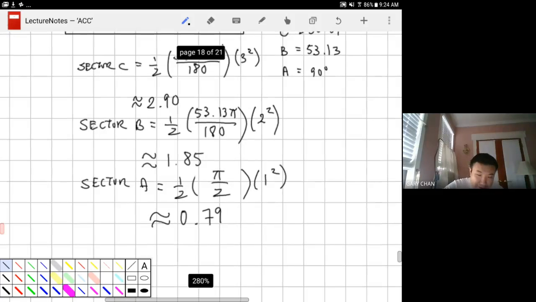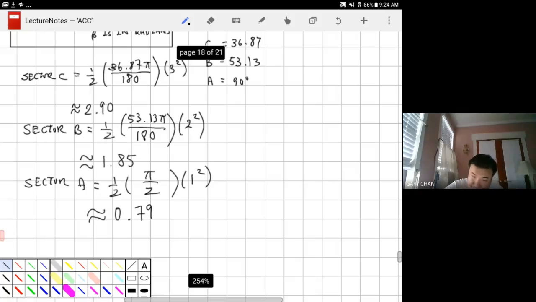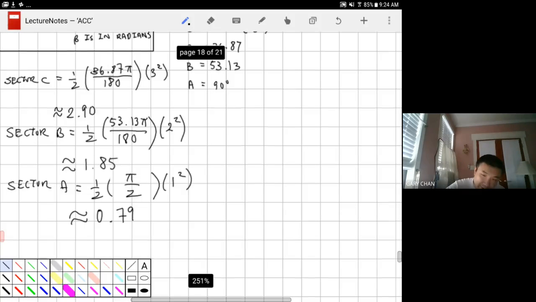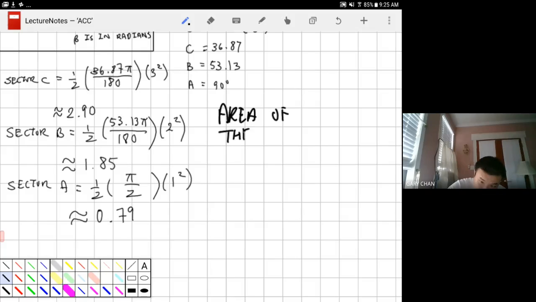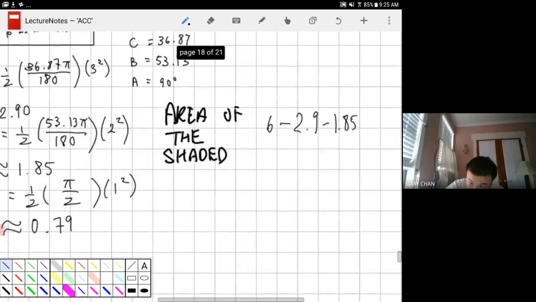Okay. So we have these 3 sectors, and then the last thing that we're going to do is add them up and subtract from 6. So the area of the shaded region is simply 6 minus 2.9 minus 1.85 minus 0.79.